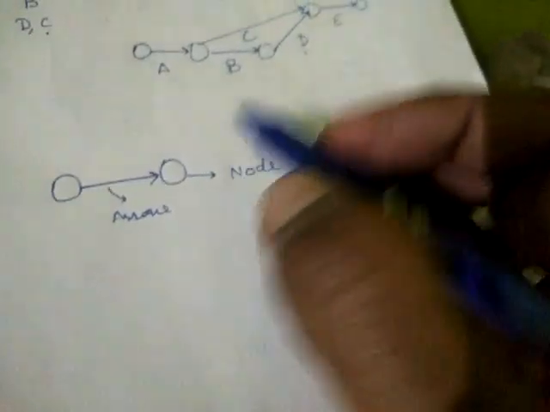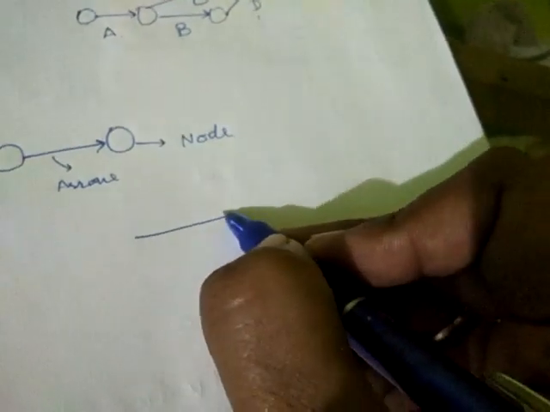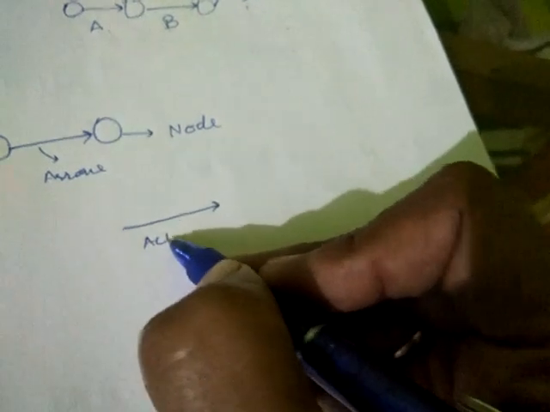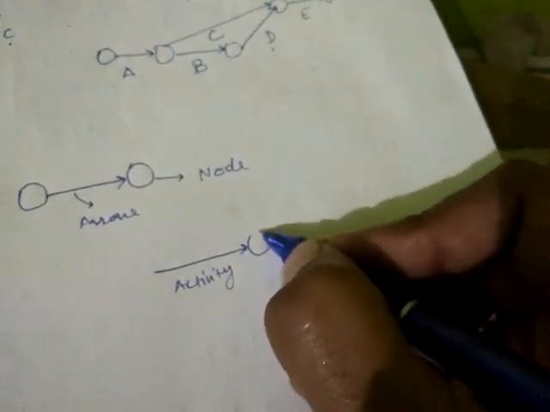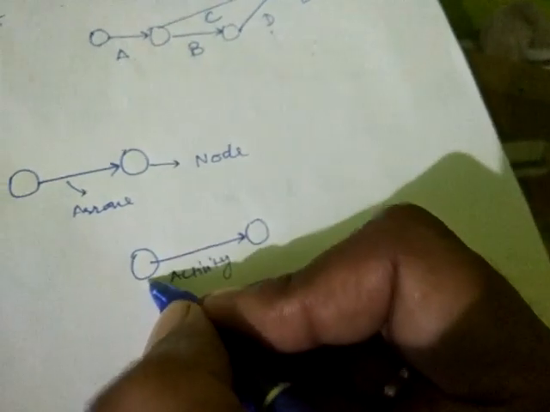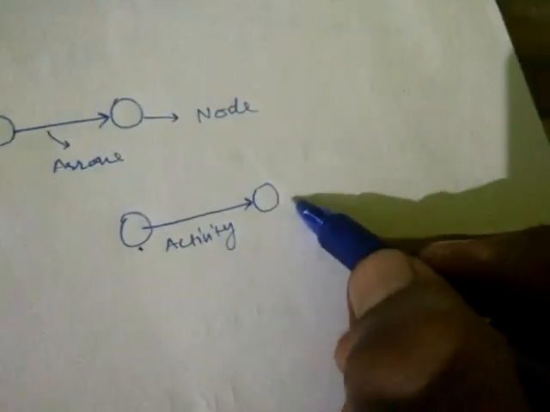In this diagram, this arrow represents activity, because you have shown activity by arrow A, B, C, D, and these are the circles. This is the start point and this is end point of this activity.